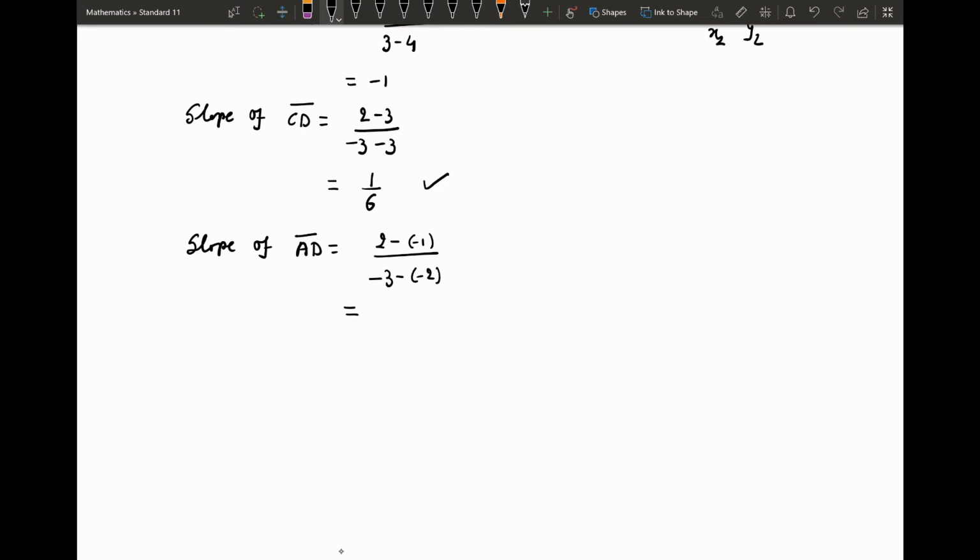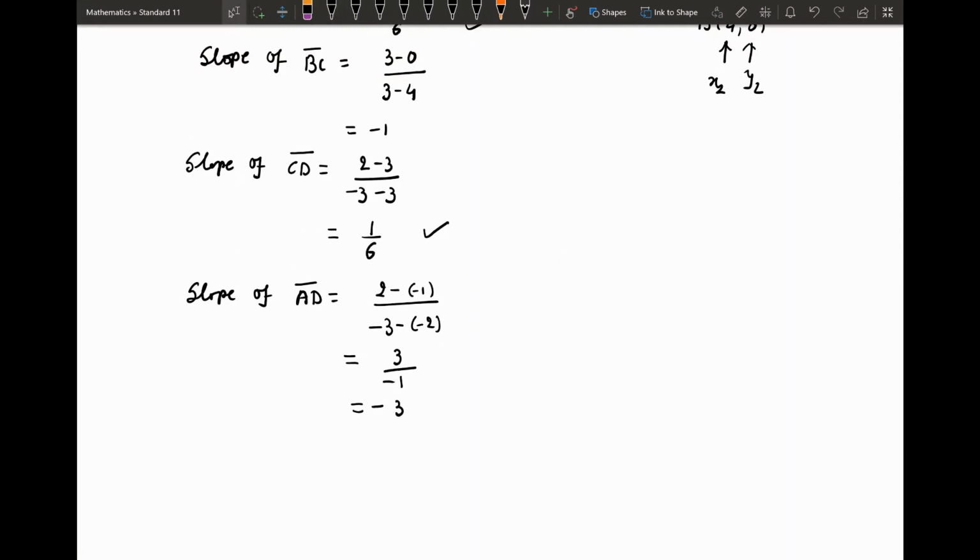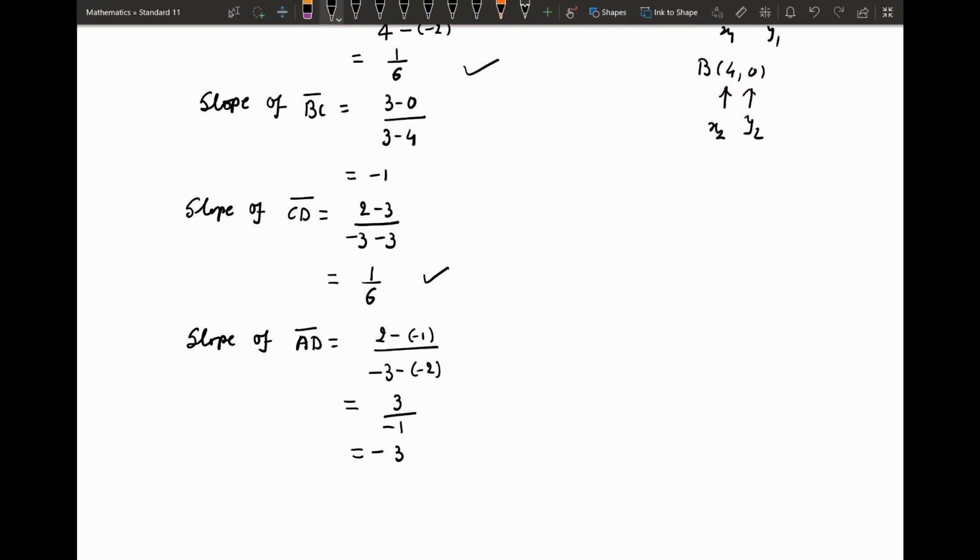So simplification is 3 upon minus 1, that is minus 3. So you can observe here slope of BC and slope of line segment AD are equal.